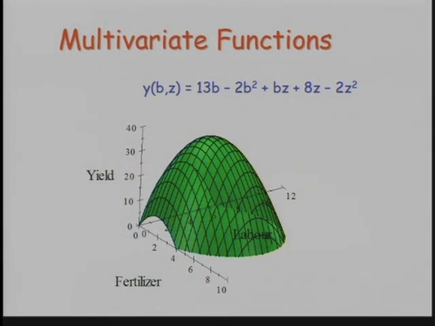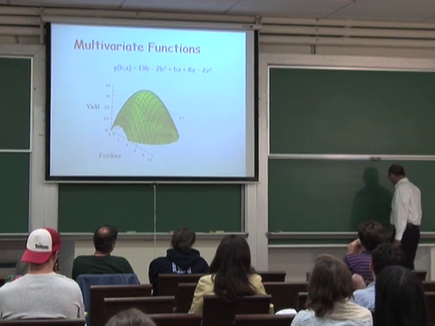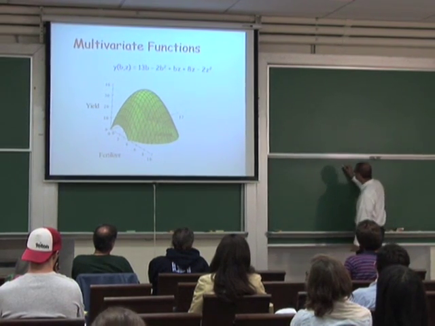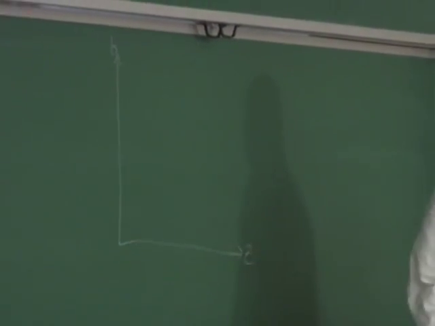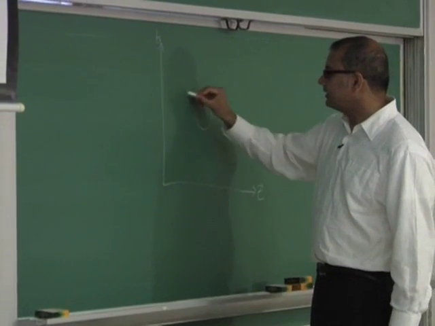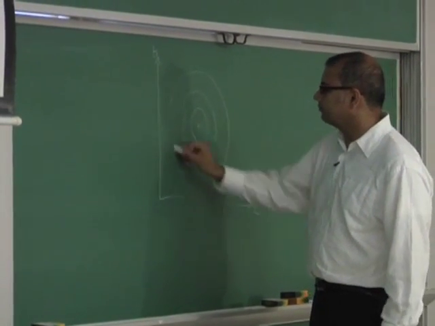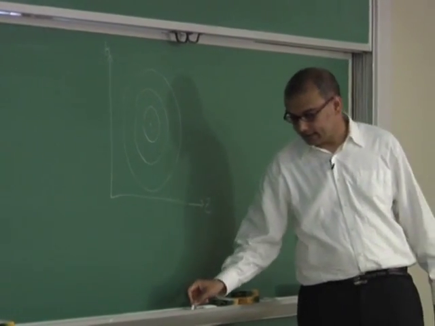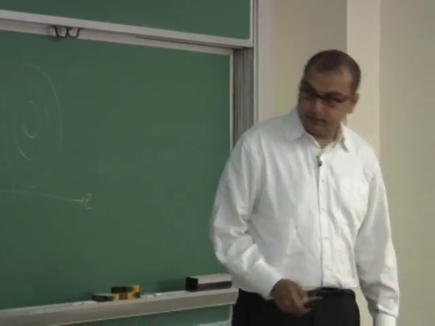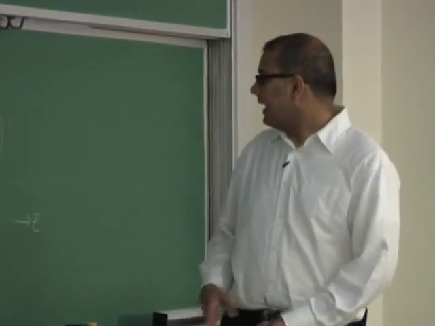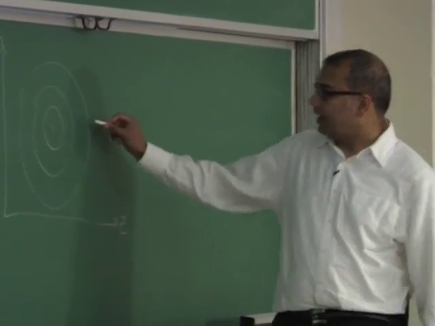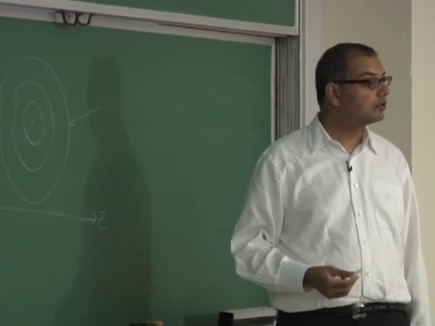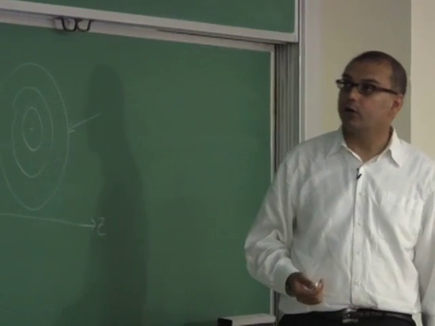So you're looking down from above. Okay, you're looking down from above, so you're going to see fertilizer on one axis and labor on the other axis, right? Concentric circles centered on the maximum of the function, right? Okay, so that's exactly the same as the contour maps that you would see, and you could write the equation of one of those contour lines in the following way.